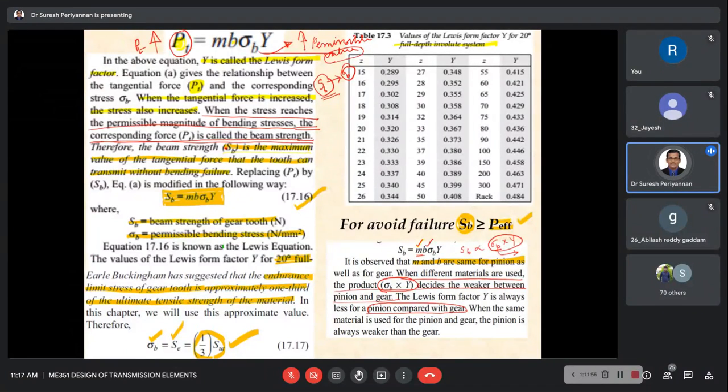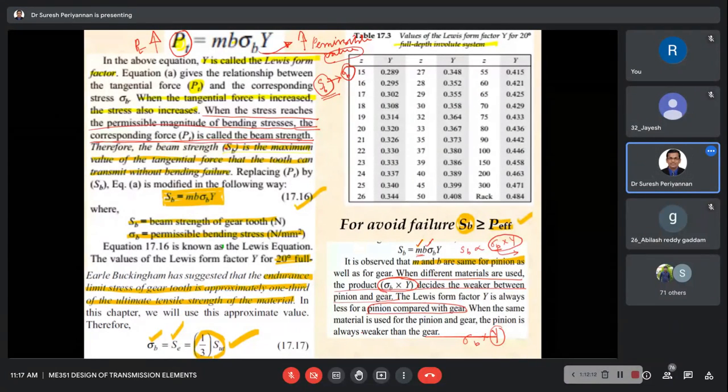If I consider the Lewis factor, sigma B into Y, the same for pinion and gear, and the same material is also used, then the pinion is always weaker than the gear.